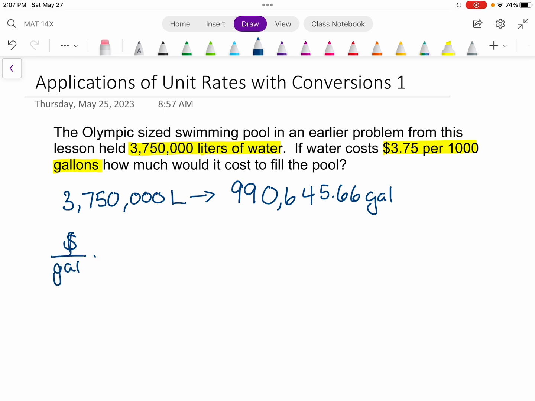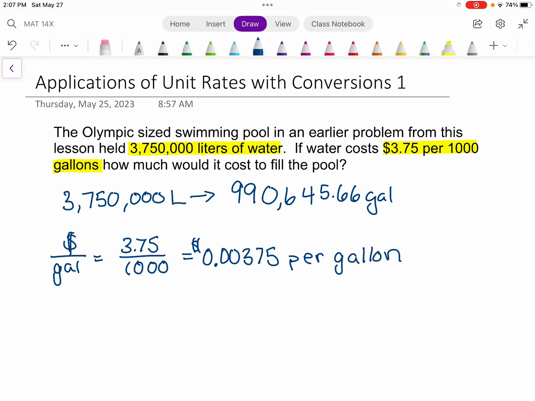Well, I have $3.75 per 1,000 gallons, and that's going to come out as 0.00375 dollars per gallon. And that's the reason why they list it per 1,000 gallons, because it's a fraction of a penny per gallon of water.